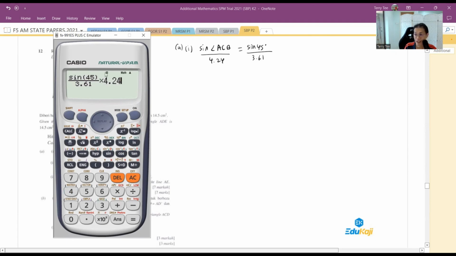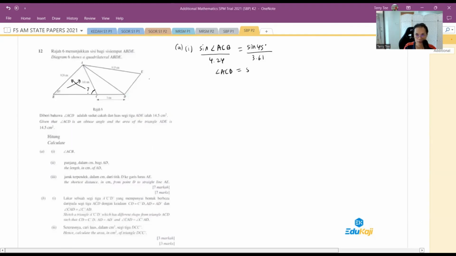Remember to use your calculator in degree mode, because if you use radian mode, the whole thing will be different. So this is 0.8305. You shift sine, answer equals 56.15. Your angle ACB is 56.15. That is part 1.